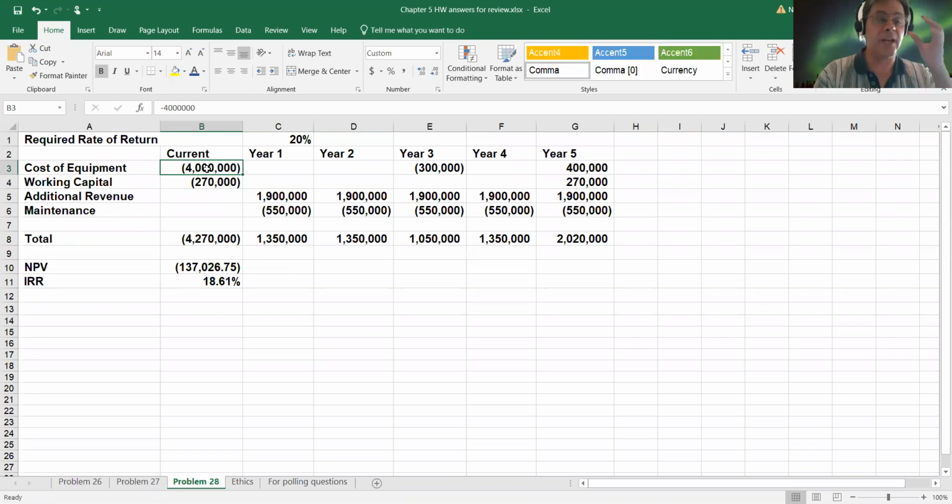We have a -4 million, and we also have working capital in this case, which is the first one of our homework, the working capital, 270,000. That's a negative in the current or today column, if you will, the investment column, however you want to refer to that.